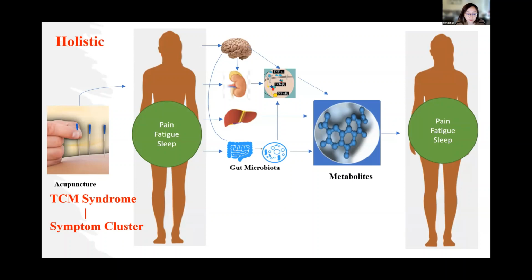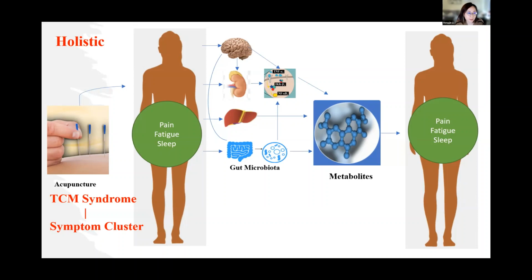Based on the theory of holism, acupuncture can treat multiple symptoms together, and the tissues of the body are connected, communicate with each other, and influence each other. What I want to understand is how acupuncture influences pain, fatigue, and sleep.